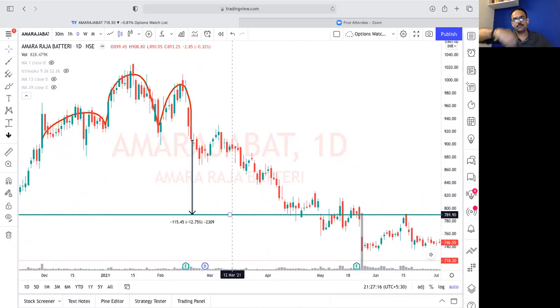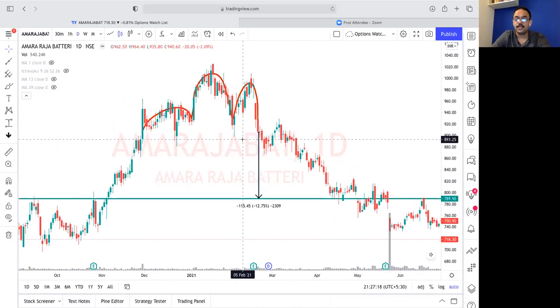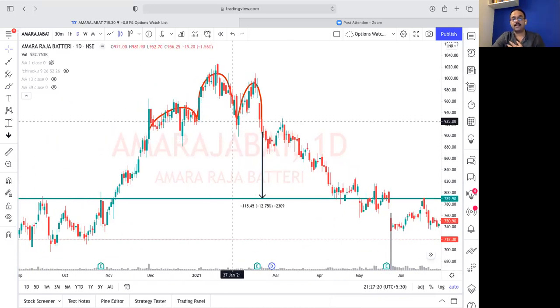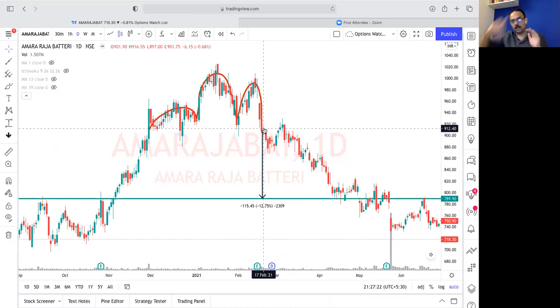So this is a distribution pattern. So if you see a head and shoulder, I would recommend the day it breaks downwards, stay away from that stock because it will go down.